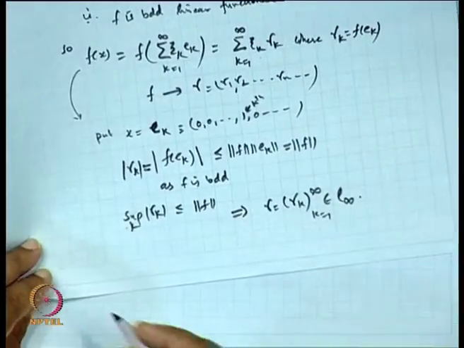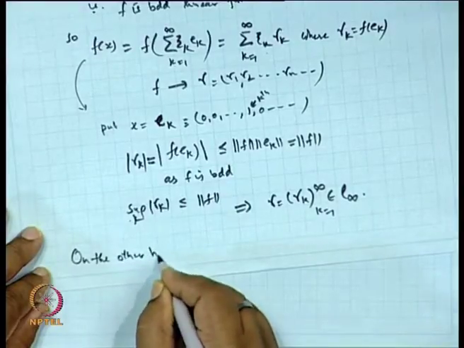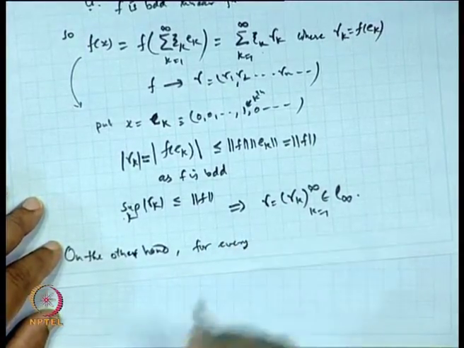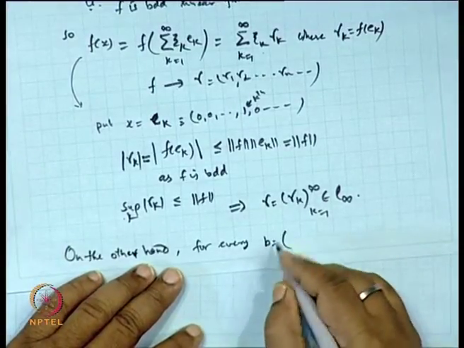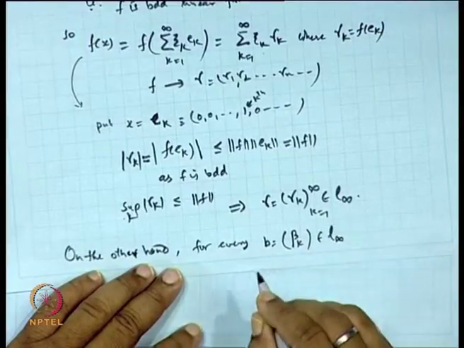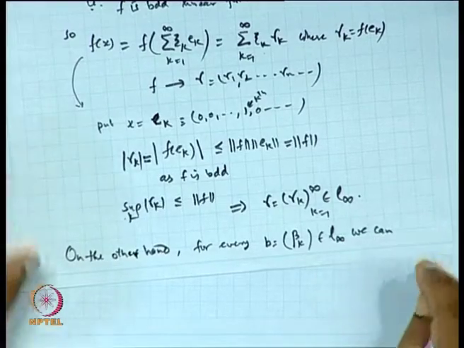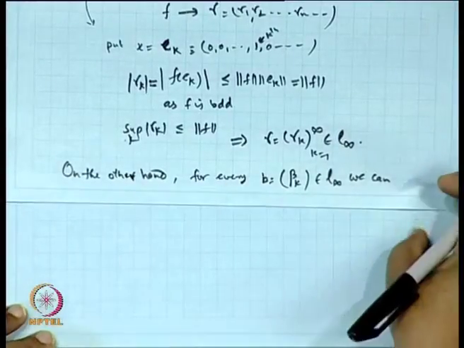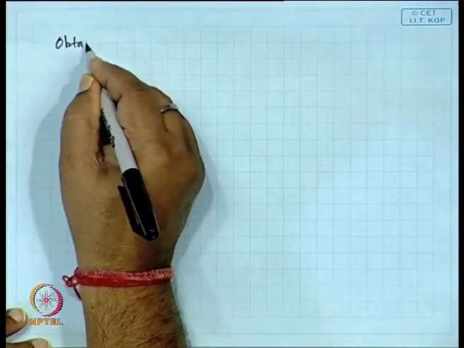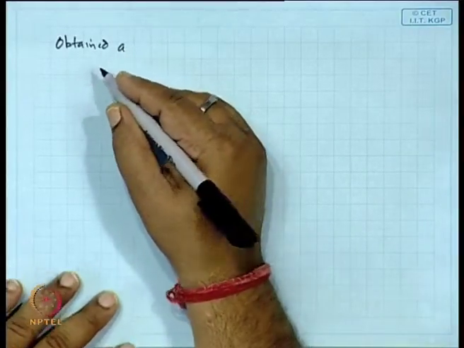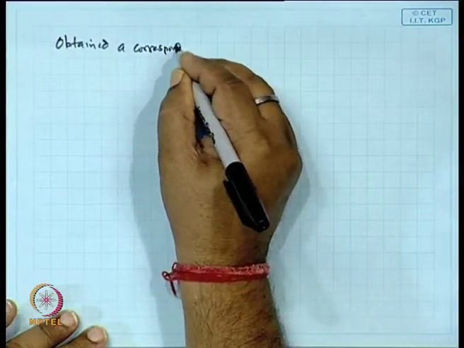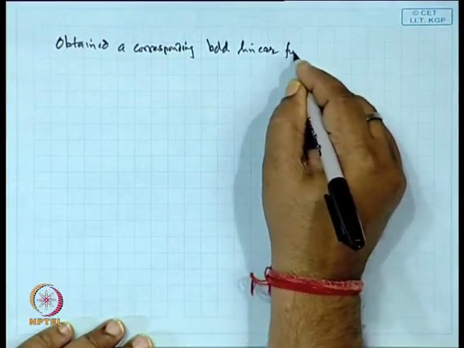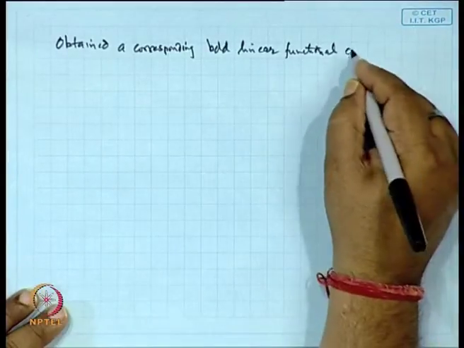Okay? So, let us take the other end. For every sequence, or every point beta which is beta k, of L infinity, we can obtain a corresponding bounded linear functional G on L1.